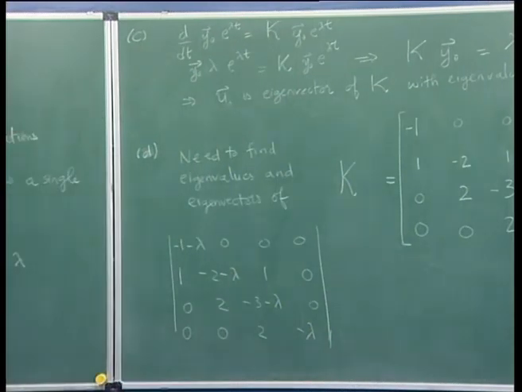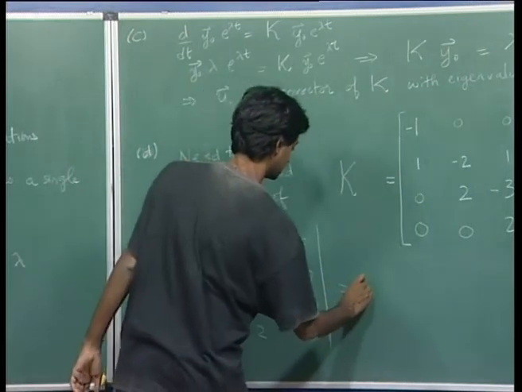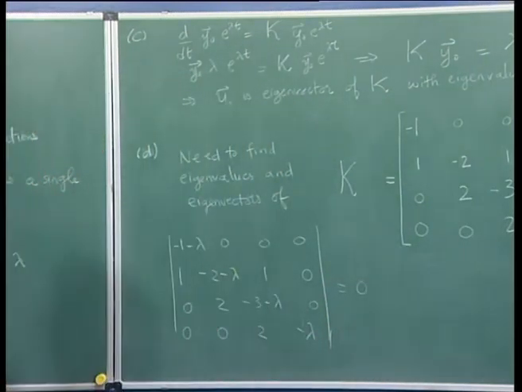So, we take this determinant and we set it to 0. Okay, and this determinant is relatively easy to evaluate. You can go ahead and try to evaluate it.